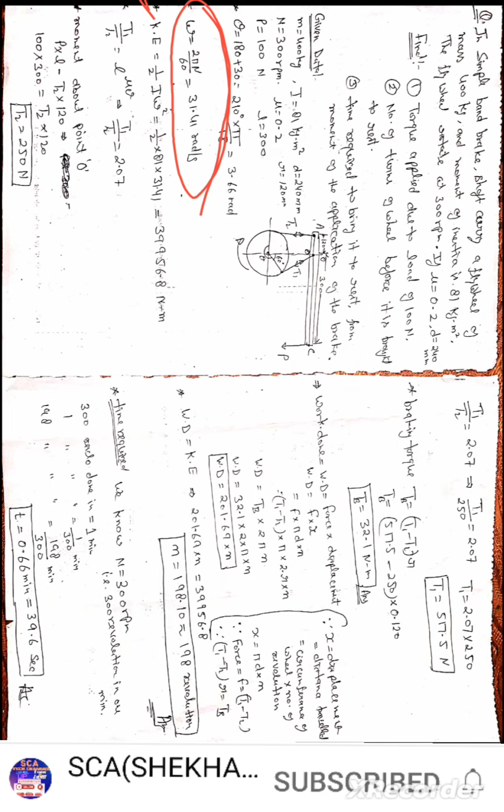So half, putting the value of I as 81 and omega as 31.41, square.